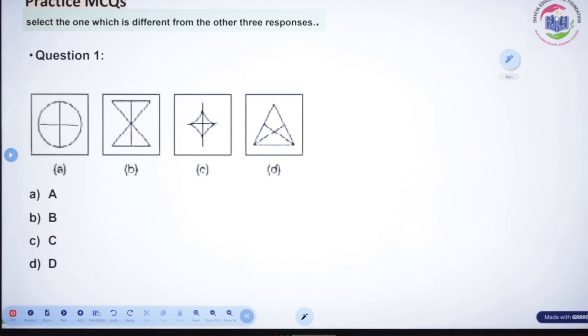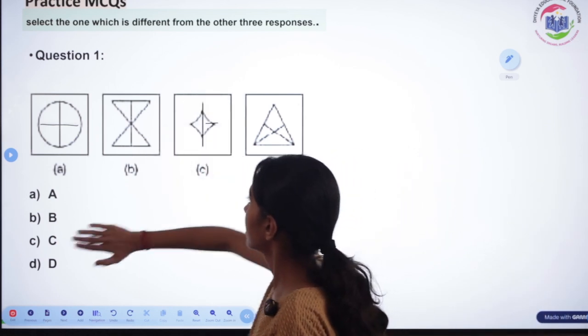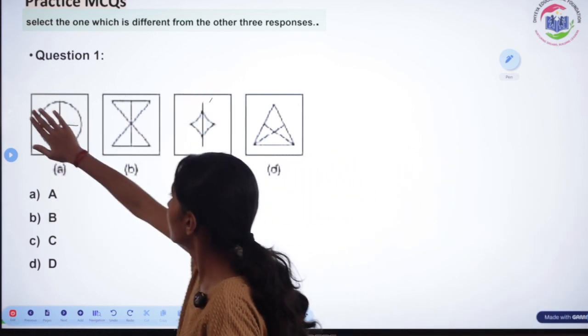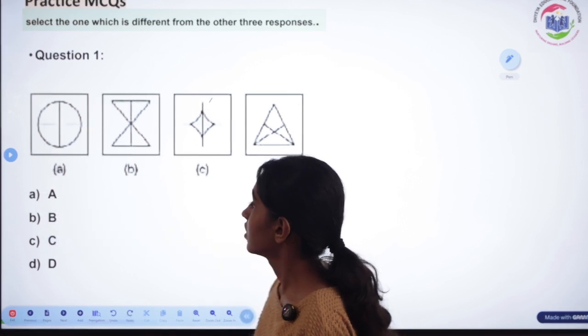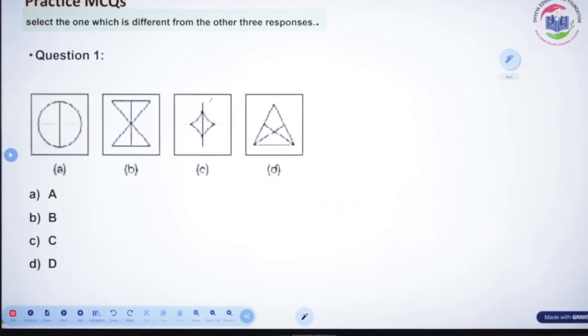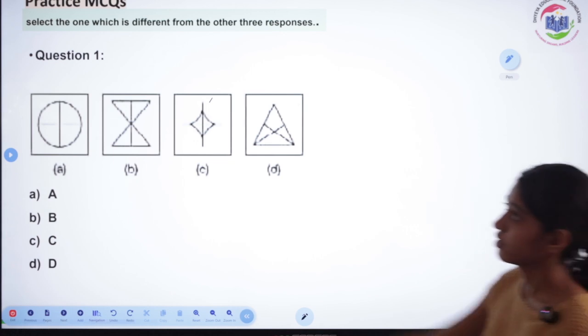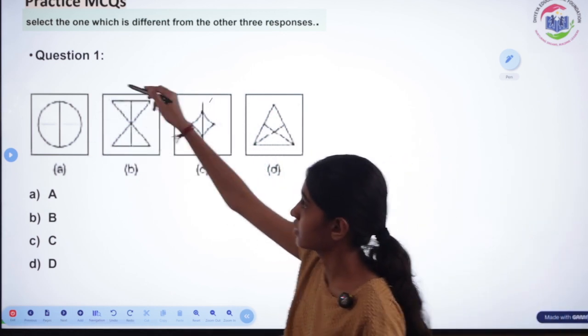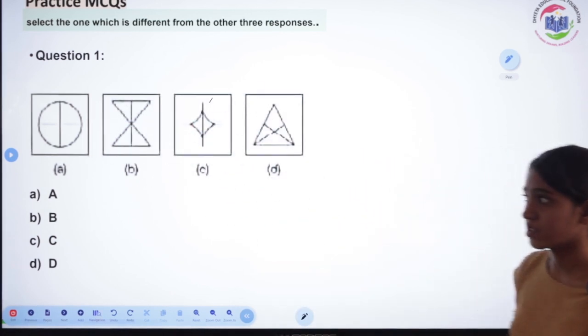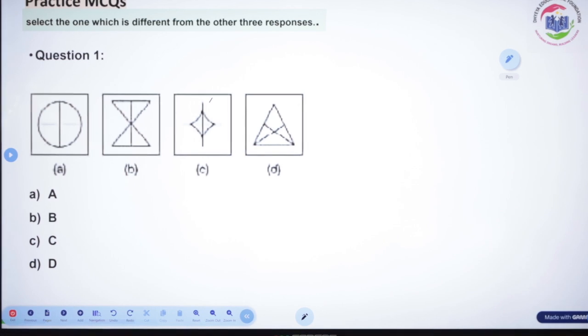Which do you think is the odd one out? We clearly see, wait a second, there is no line between them. Only one line is here, straight, straight, straight, and here is the cross in the diagram. Then, which option is the odd one out? Do you find?